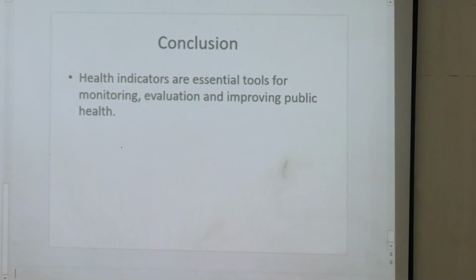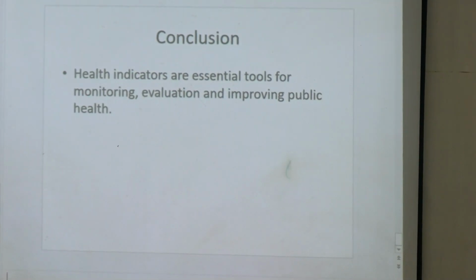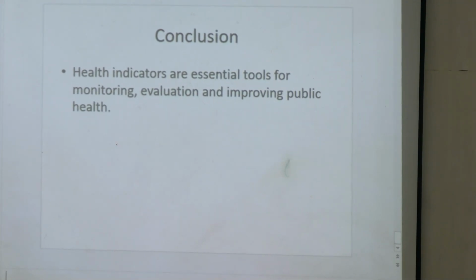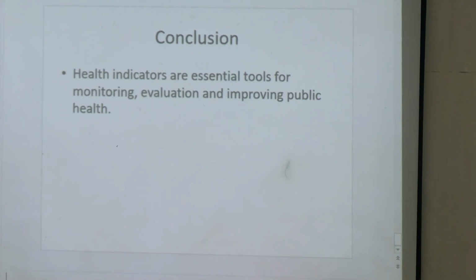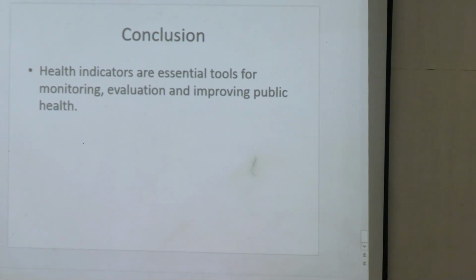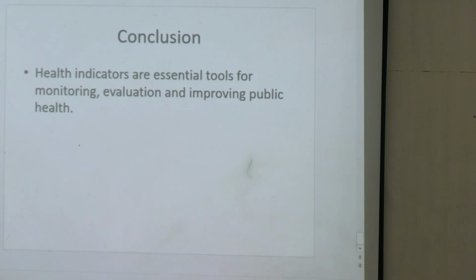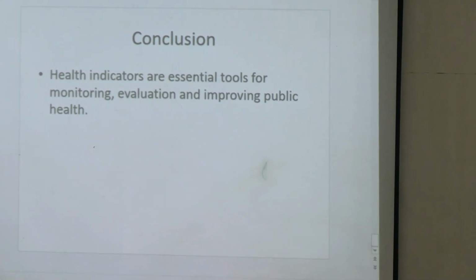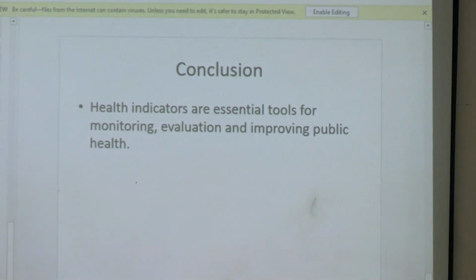What is IMR? Anybody? Infant mortality rate. What is infant mortality rate? Infant mortality rate is death of children below 1 year per 1000 live births.